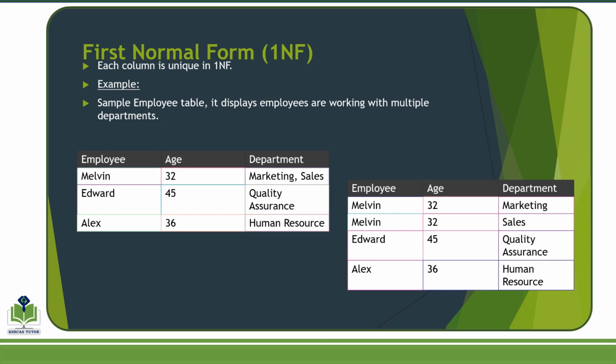Again in the second row, the same employee Melvin of age 32 is working in another department called sales. The third employee is working in the quality assurance department, and the fourth employee is working in the human resource department. So the employee table is converted into another table which is in first normal form.